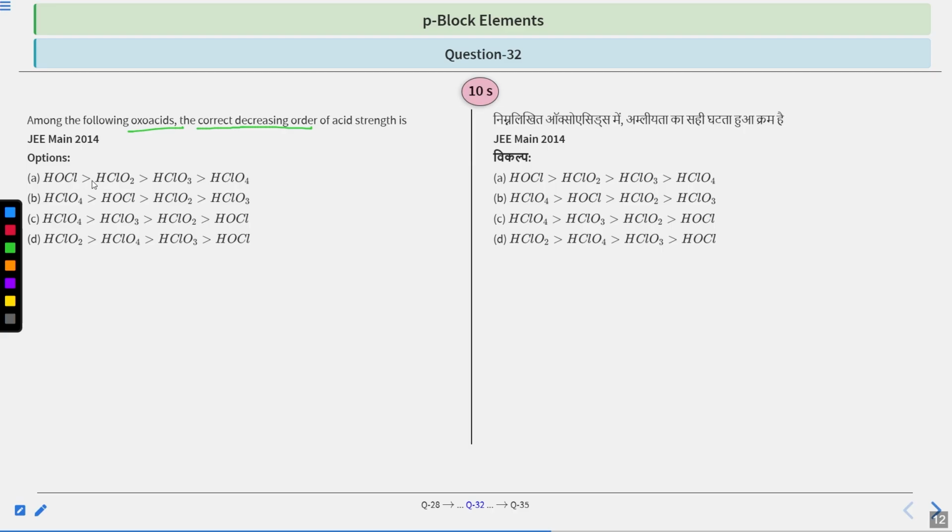HClO4 having the most acid strength, then HOCl, then HClO2, then HClO3. HClO4 having the most acid strength, then HClO3, then HClO2, then HOCl. Or the most acid strength is in HClO2, then HClO4, then HClO3, and then the least in HOCl. You have to select the correct order. You have 10 seconds to solve this question. After that, we will see the answer.